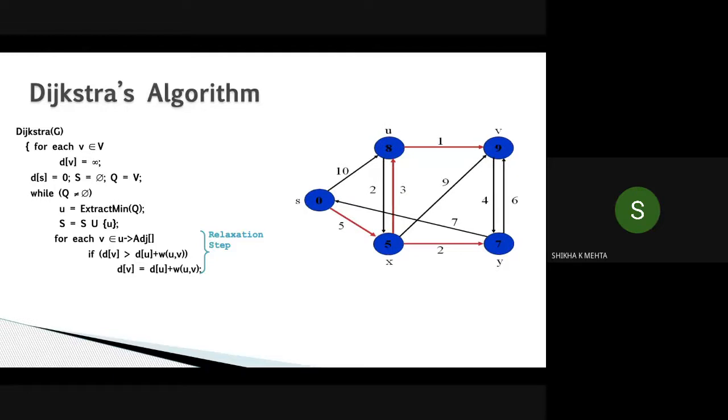So these are the final values from the source to all the destinations. The source was S. Here you can see from S to X, the minimum value is 5. From X to Y, the value is 7. From S to U, the value is 8. And from S to V, the value is 9.